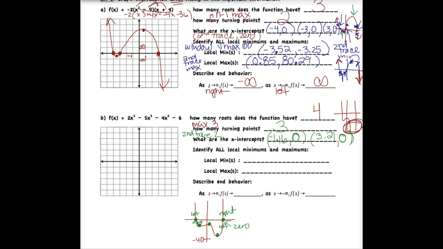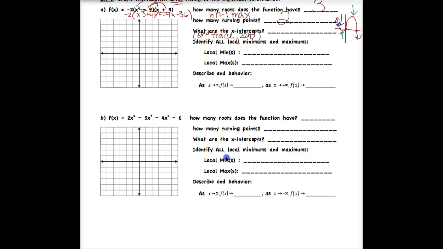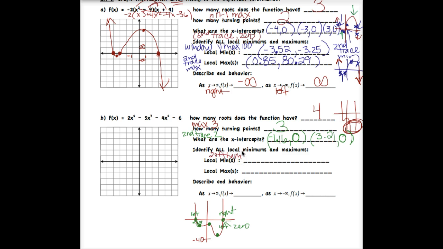Now I need to find all my local minimums and local maximums. There are 2 local mins. So we have to do the second trace minimum 2 times. So here's a local min. Here's a local min. So that's what I'm going to find first. So starting on the left side, second trace, choice 3, I'm going to find that local minimum.